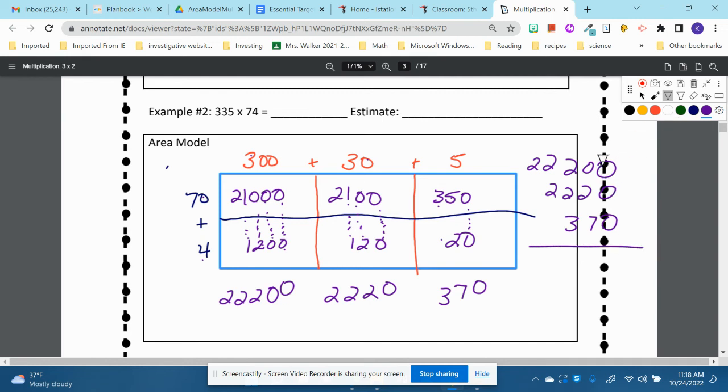Now we got it. Here we go. 0. 2 plus 7 is 9. 2 plus 2 is 4. Plus 3 is 7. 2 plus 2 is 4. 2. So my answer would be 24,790. It's really easy. Okay?